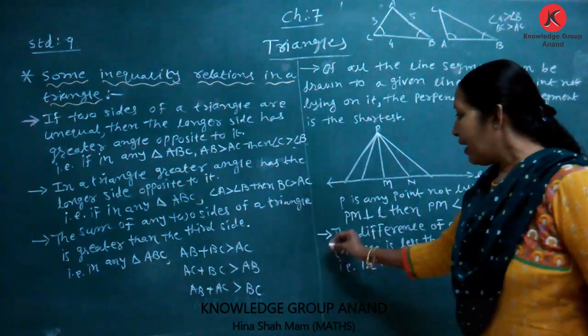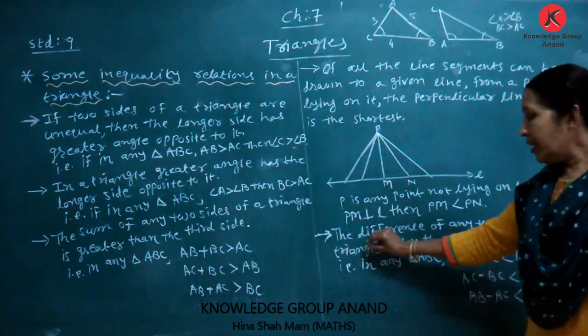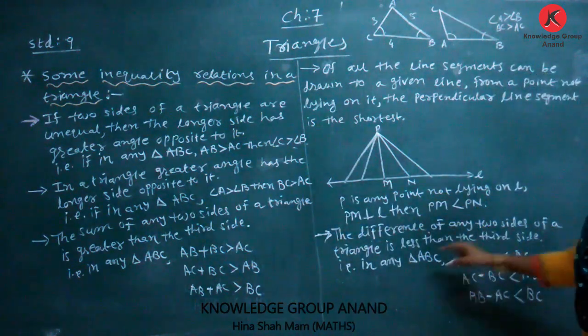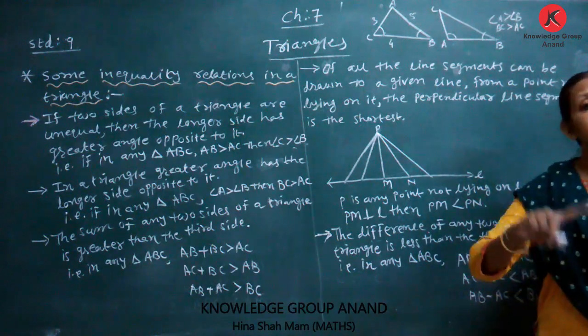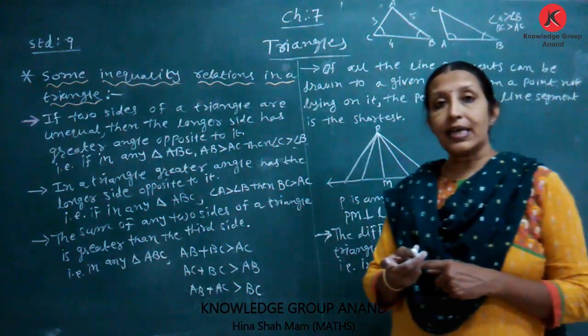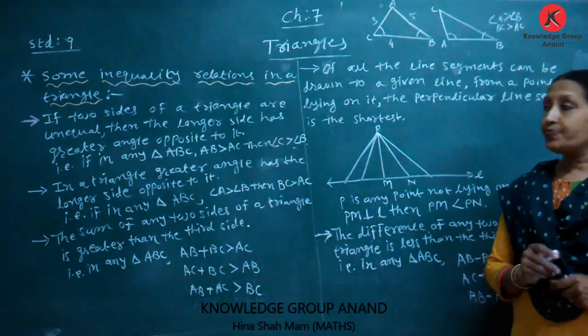Number 4. The difference of any two sides of a triangle is less than the third side. The sum is greater than the third side and the difference is less than the third side.